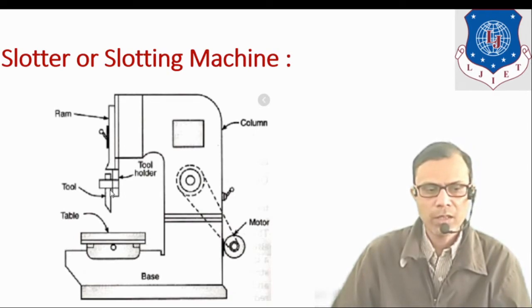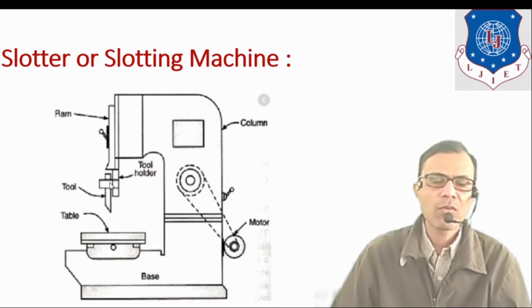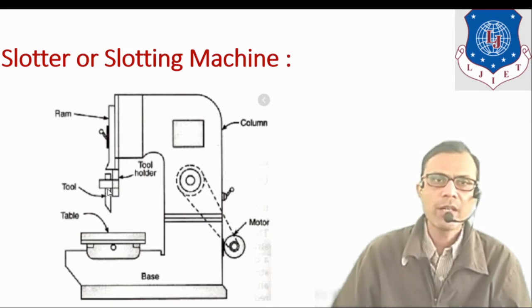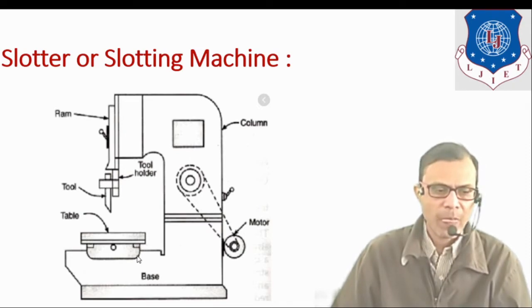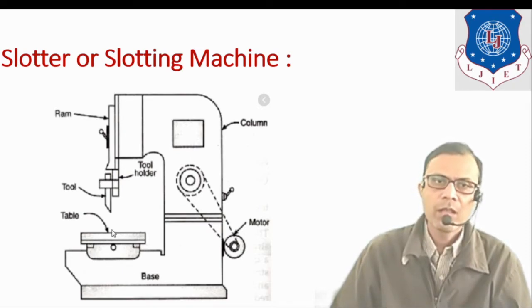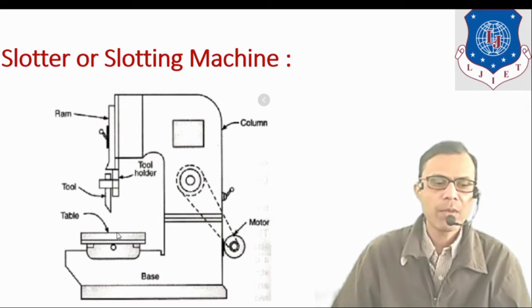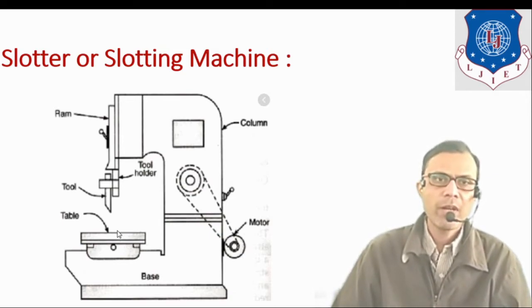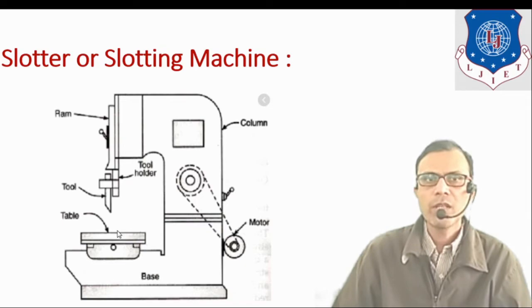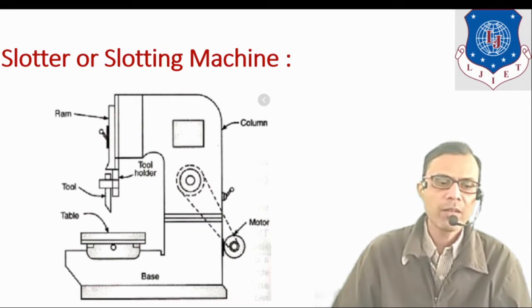In the tool post, this cutting tool is mounted, so the cutting tool is provided the reciprocating movement in the vertical direction. This table is useful to clamp the workpiece on it, and it can be provided longitudinal, cross or rotary feed movement.